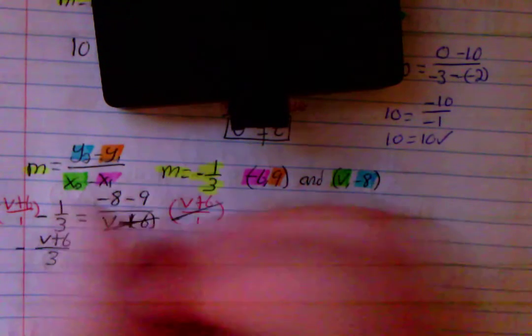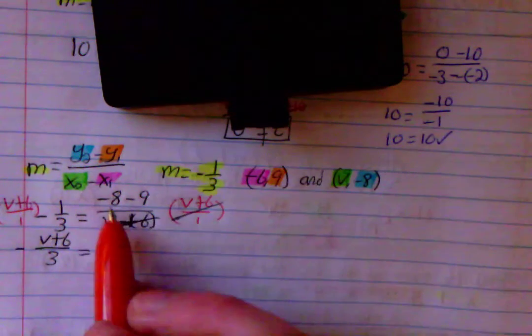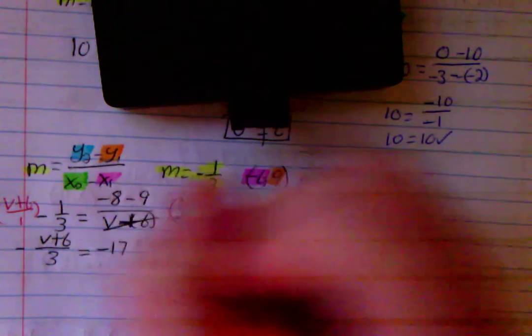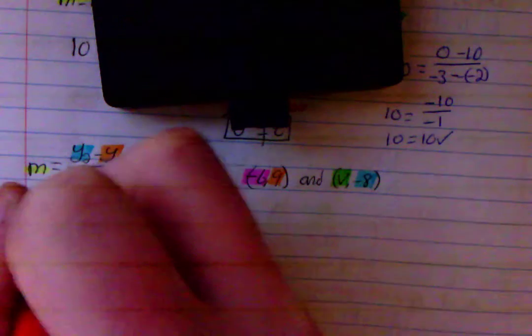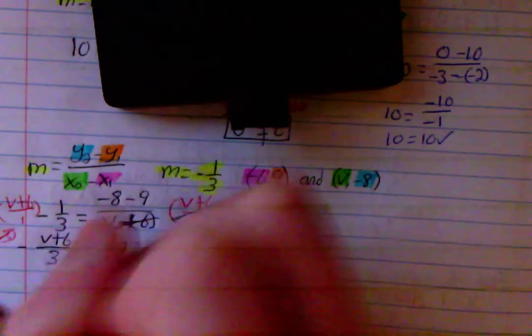So we have a negative 1/3 times v plus 6 equals negative 8 minus 9. That is negative 17. Now here, I'm going to multiply by a negative 3. So these cancel.